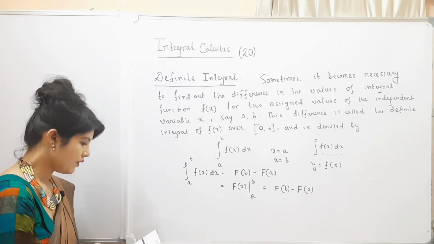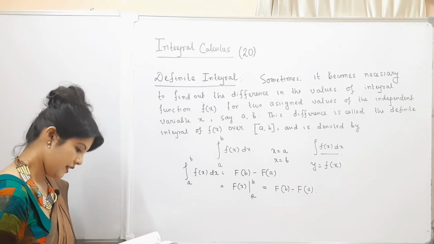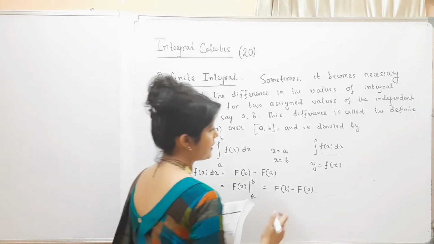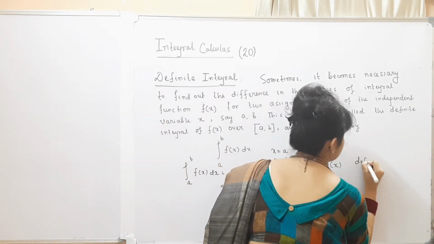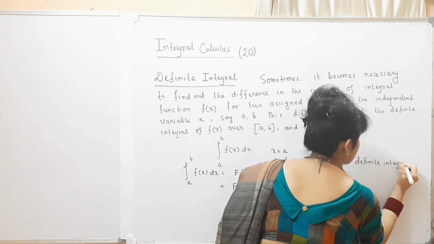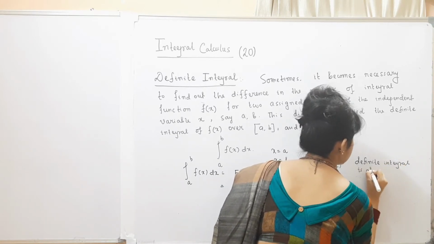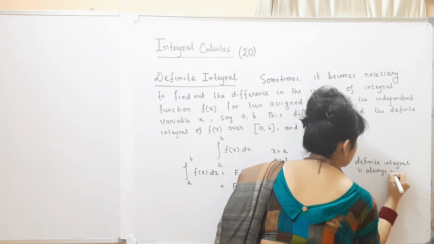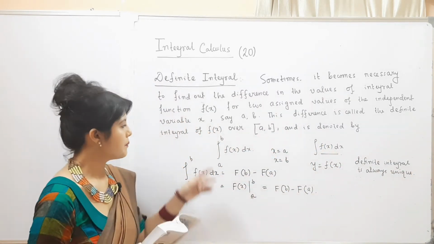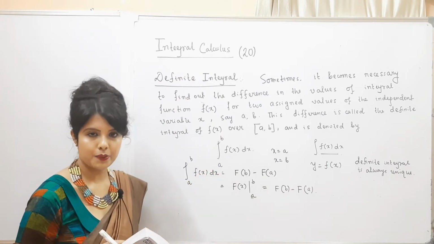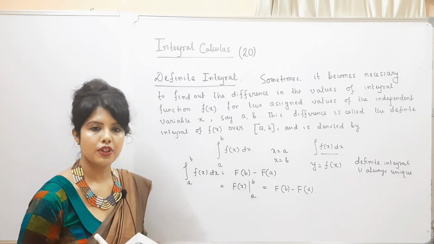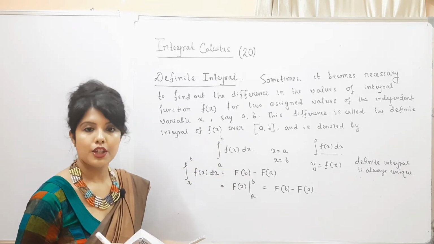Now, remember that a definite integral is always unique. That is, if you integrate some function between some limits a to b, the lower limit and the upper limit, then it will always give you a unique value.